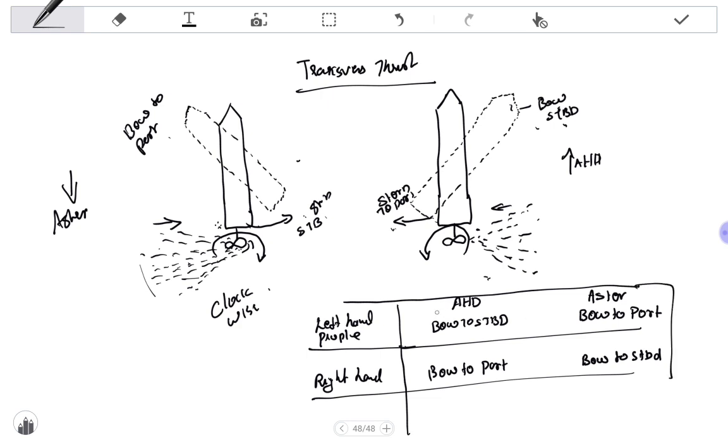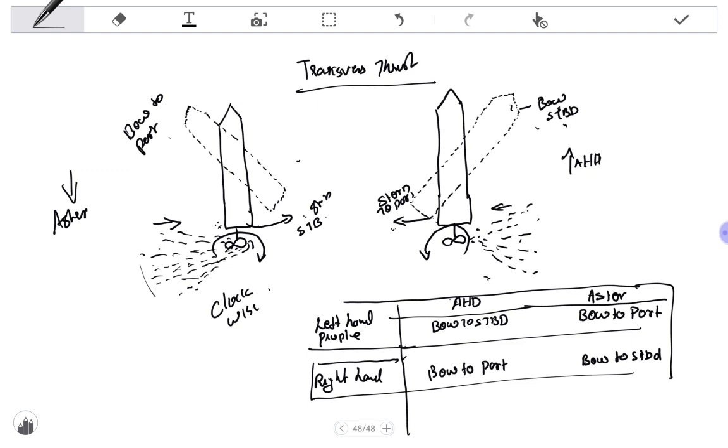Okay guys, this is the only thing you have to remember, or just remember any one thing. Normally all ships have a right-handed propeller, so you just have to remember one thing. In a right-handed propeller, if you give ahead movement, the bow will go to port.